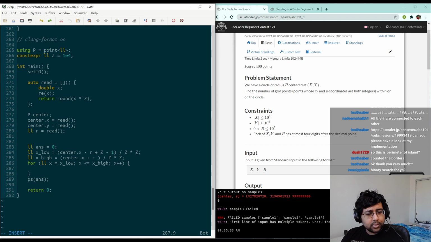And now what we want to do is select y such that we find the lowest value of y and the highest value of y. So one way that we can do that is to binary search for how far away from the center you can go.